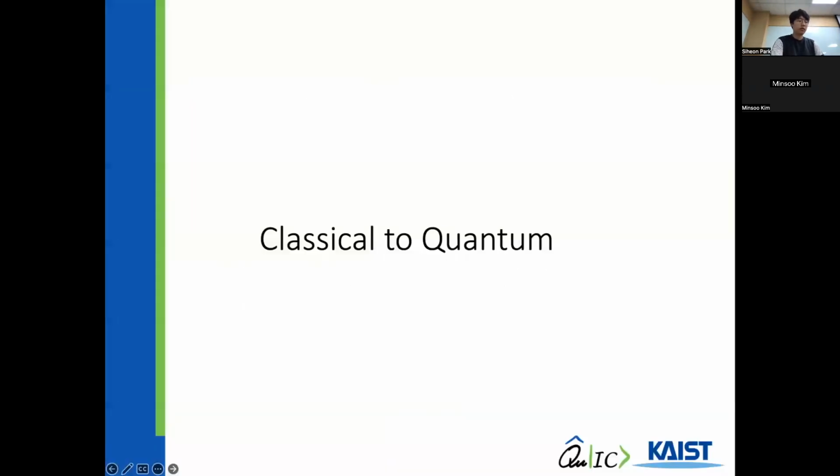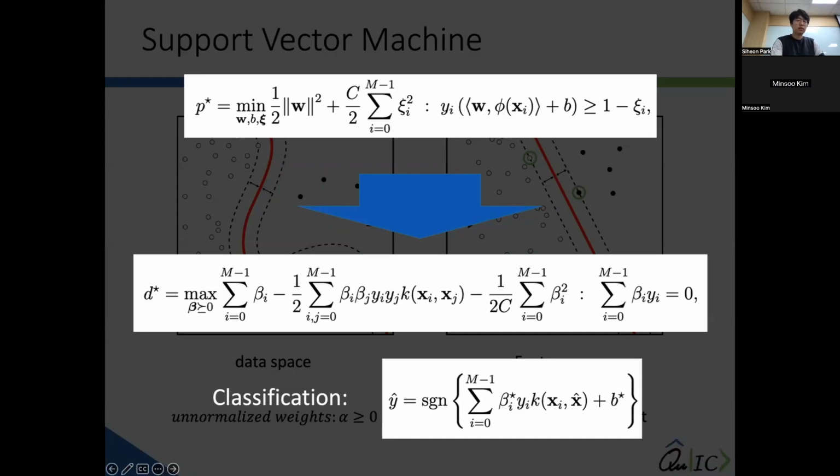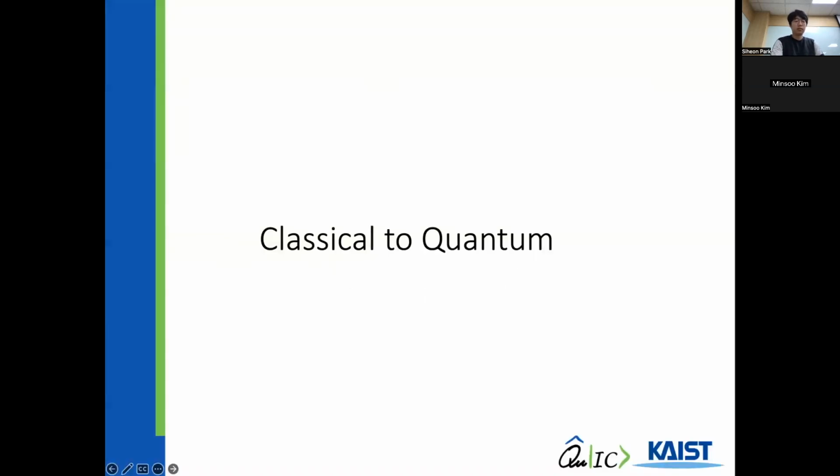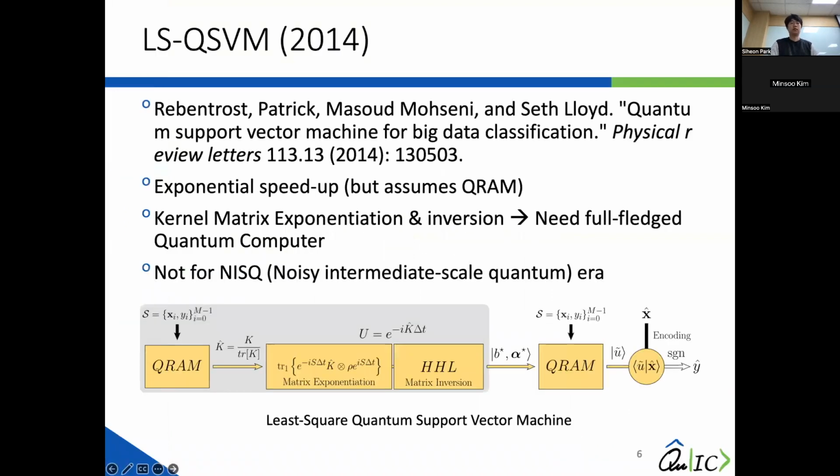Okay, since this is one of the basics and a very representative model, many algorithms have been developed to turn this classical supervector machine algorithm into a quantum one. One of them is the least square quantum supervector machine in 2014.